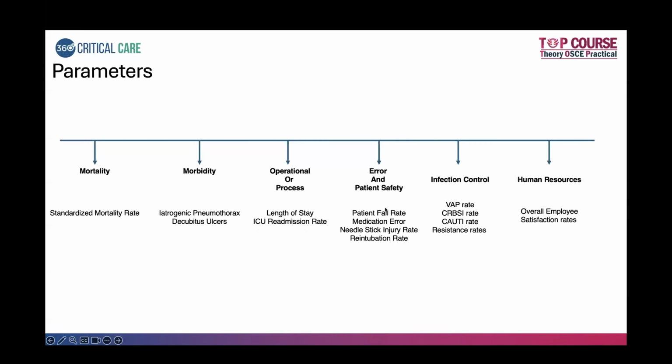For patient safety errors, you have patient fall rate, medication error, needle stick injury rate, and reintubation rates. With regard to infection control, you have VAP, CRBSI, CAUTI rates, and resistance rates. And for human resources, you have overall employee satisfaction rates. These are the important ones that you need to definitely know about.